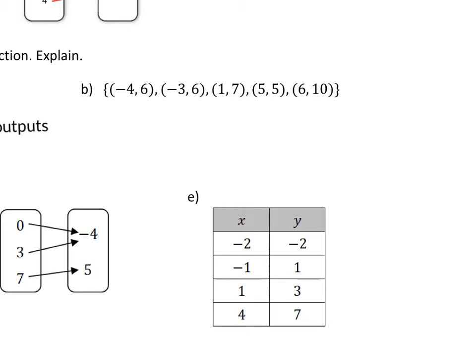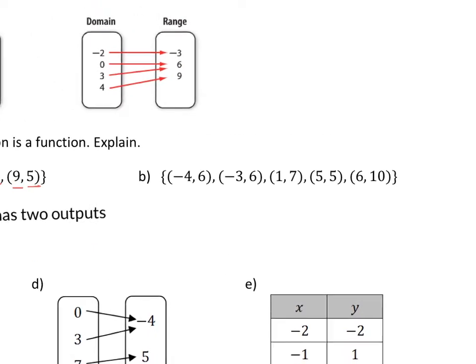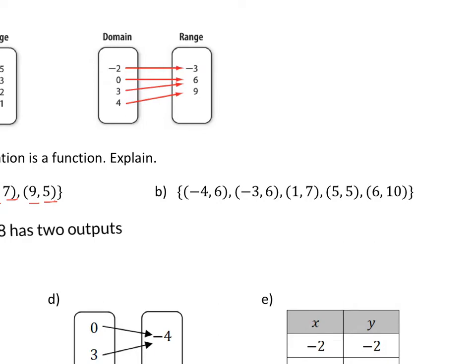I do not see any x values that repeat, but I do see y values that repeat. And if we take a look at the example above, it has y values that repeat, range values. And that's okay, it's still a function. We just can't have x values repeat. So this one is a function because each input has its own output. Let's jot that down. So yes, each input has its own output.